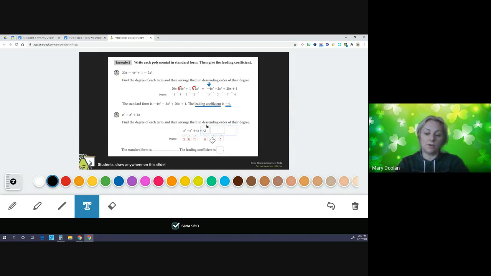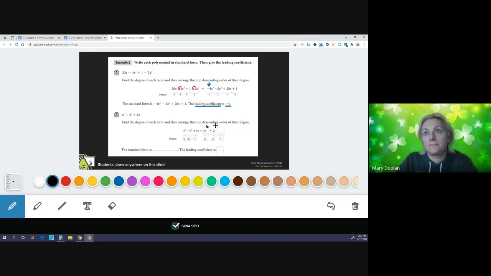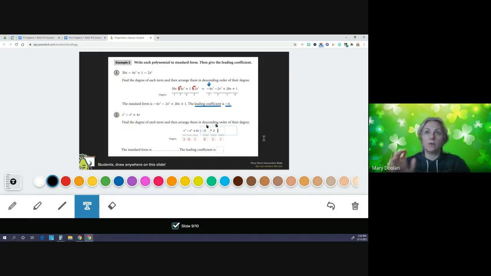It's positive, so it's plus z cubed. And then the last term is the one that has 1 as its degree, plus 4z. Okay.